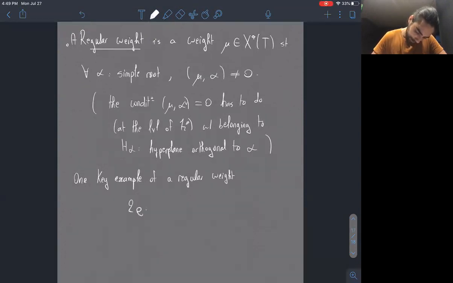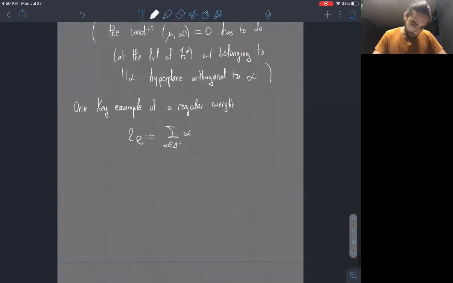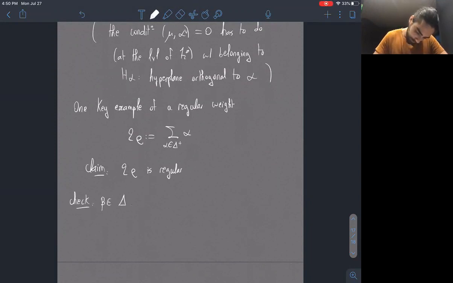So it's defined by just saying, well, I just take the sum over all positive roots. And I get a valid weight, and the claim is that this is regular. The way one can go about showing this is by saying, well, let's start with a root.